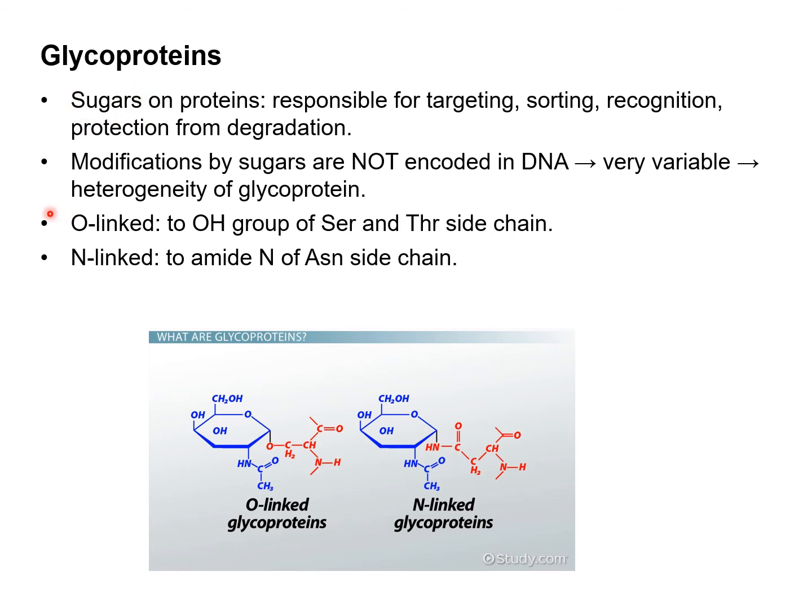And there are two types of glycoproteins and their linkages to the sugar. One is the O-linked, whose structure you can see here. There's a hydroxyl group in the serine and the threonine side chains, and that is actually linked to the sugar and makes the O-linked glycoproteins. And the other one is N-linked glycoproteins, where the amide nitrogen of the asparagine side chain is linked to the sugar.